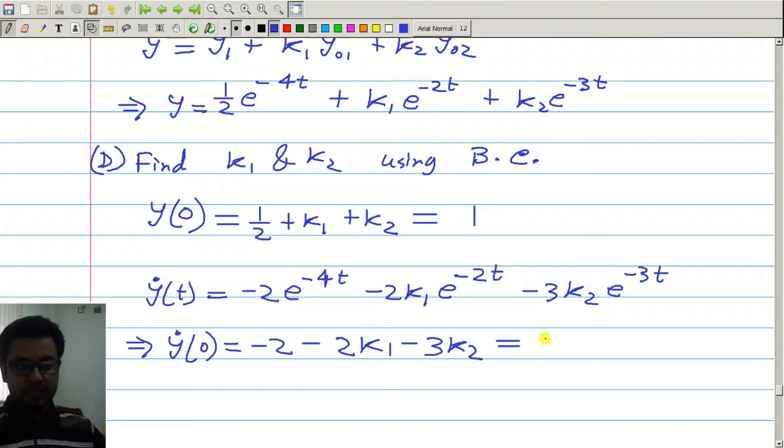This is given in the question as equal to 0.